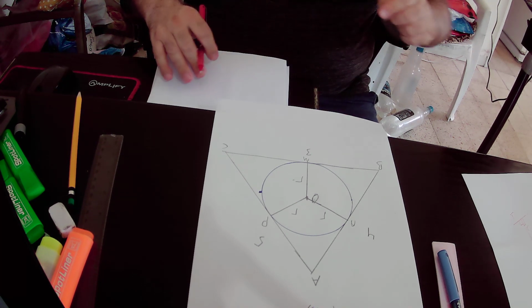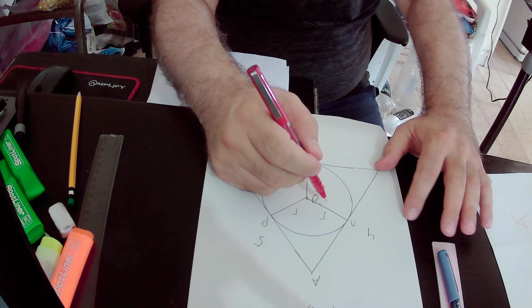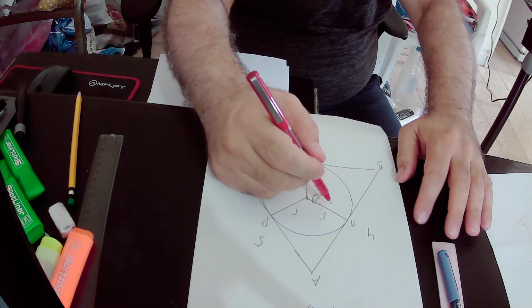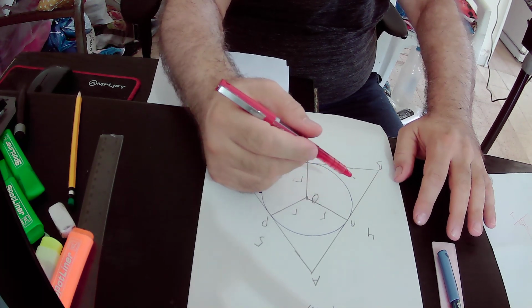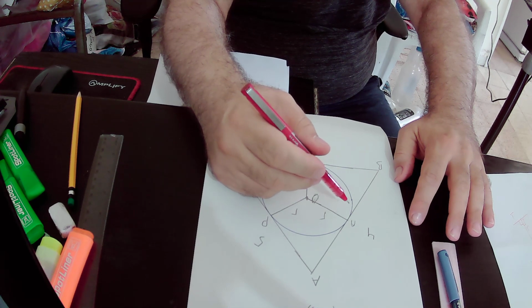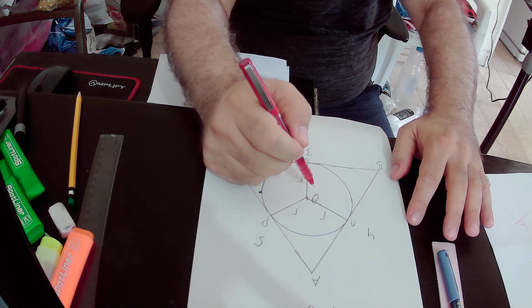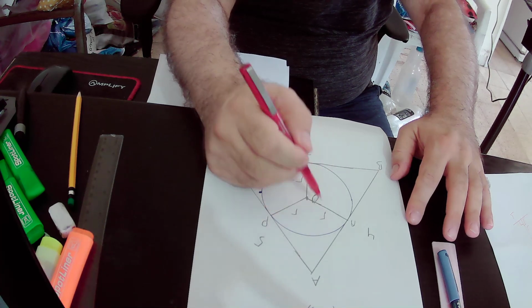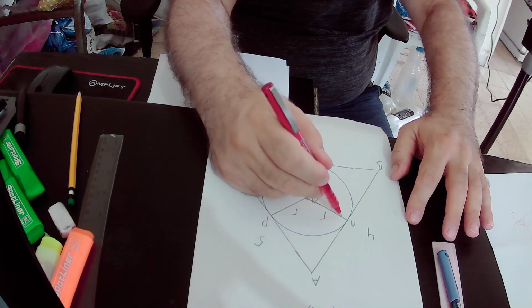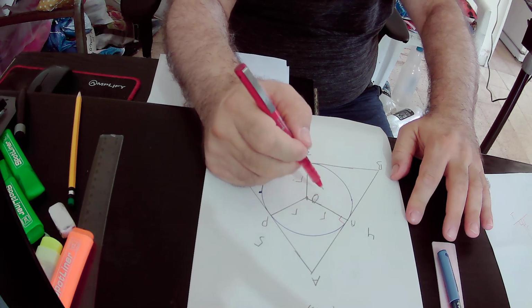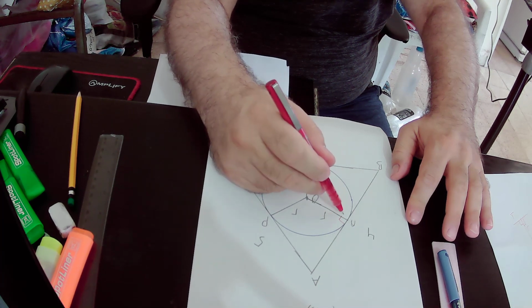For example, line segment NO is the radius of the circle, and side AB of the triangle is tangent to this radius. For that reason, angle ONA equals 90 degrees, and also angle ONB equals 90 degrees.